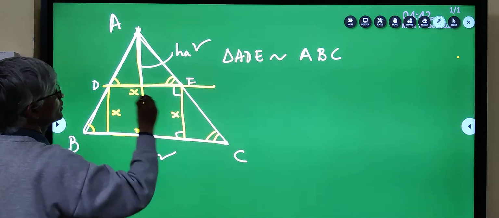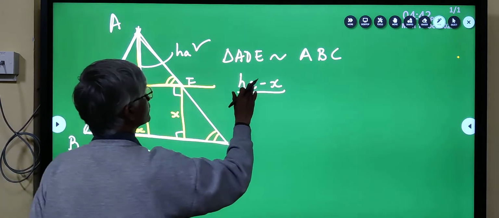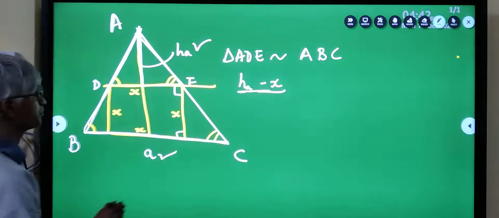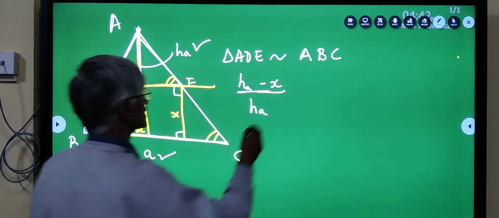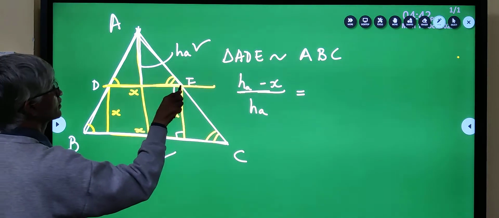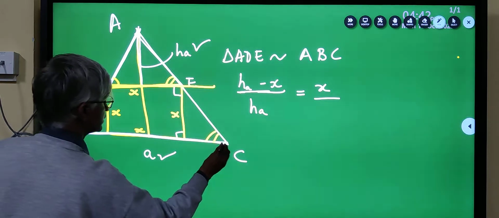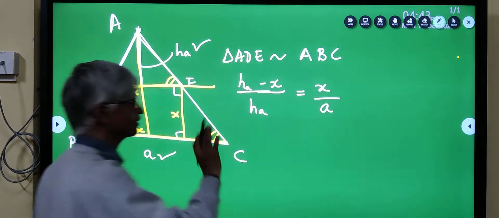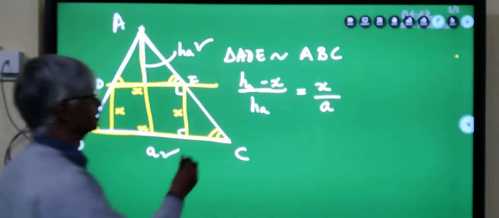So this length is actually equal to HA minus X. HA minus X divided by HA, which is the height of the bigger triangle, is the same as this base, which happens to be X, divided by this base, which happens to be A. And I think we just solve this equation and get the value of X. So let me just finish it.